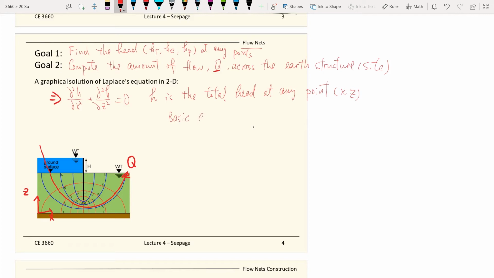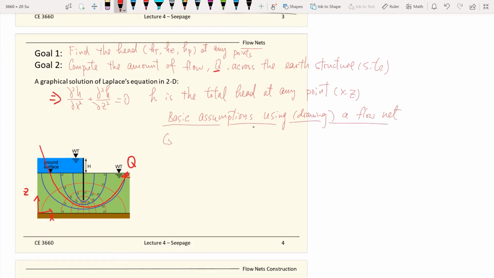There are assumptions associated with what we are trying to do. Otherwise, this graphical solution of the flow net, or actually drawing a simplified flow net, won't work. So what kind of assumptions do we have?